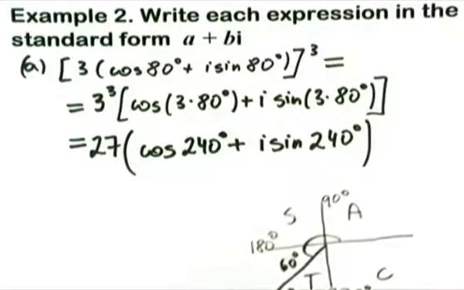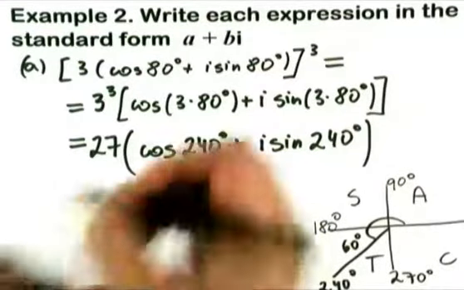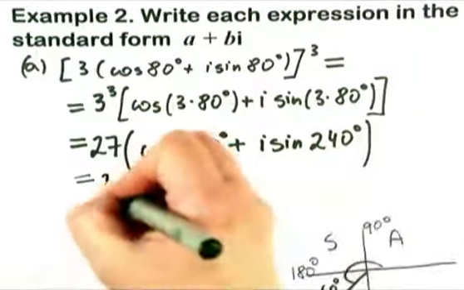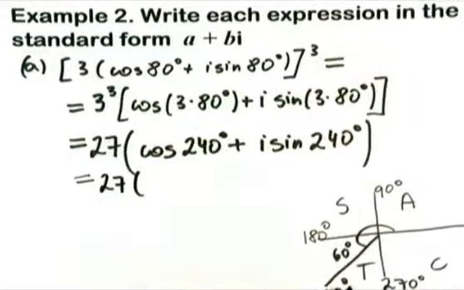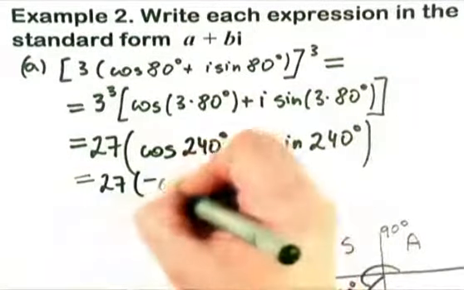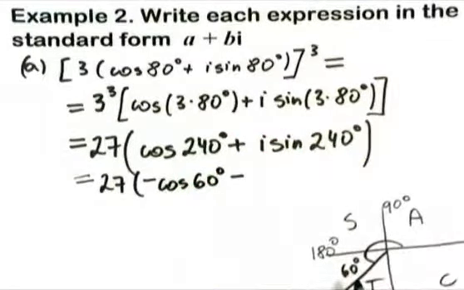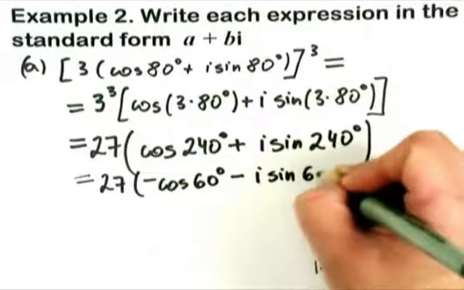So this is equal to 27, and now from this chart we get that it's negative cosine of 60 degrees, and then negative sine, so minus i sine of 60 degrees.